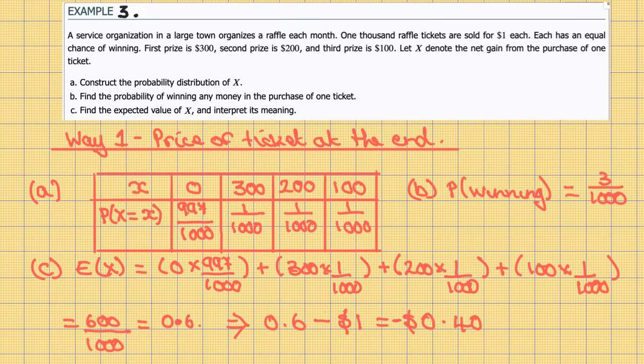Therefore, 0.6 minus $1 gives an expected value of minus $0.4. This means that you would expect to lose $0.4 every time you play this game or buy a ticket.